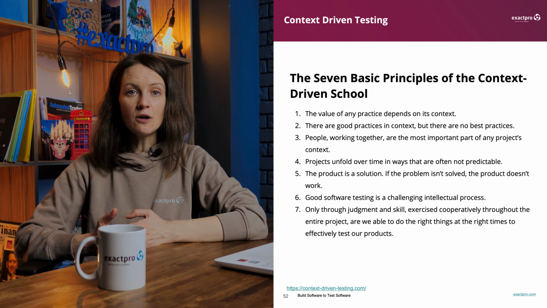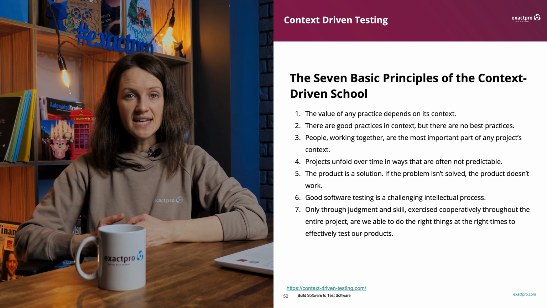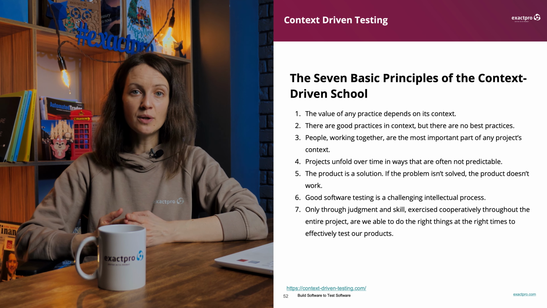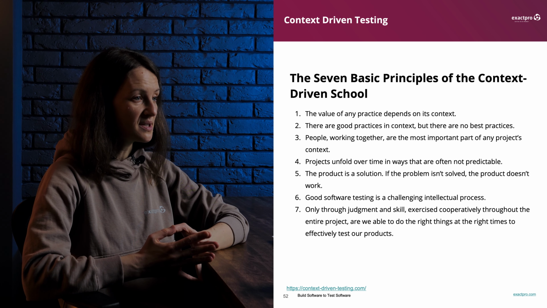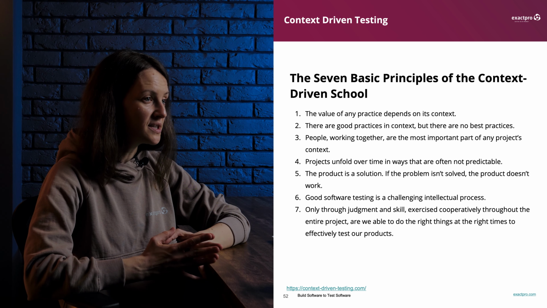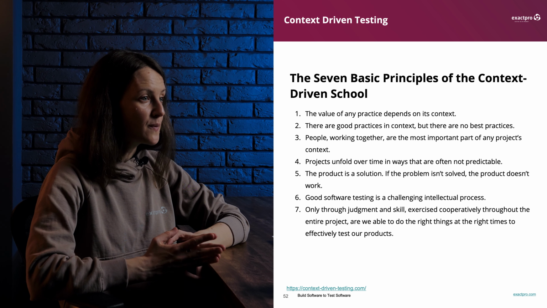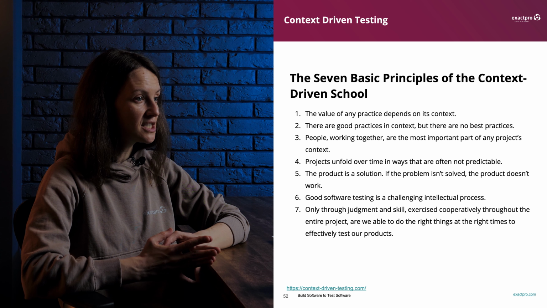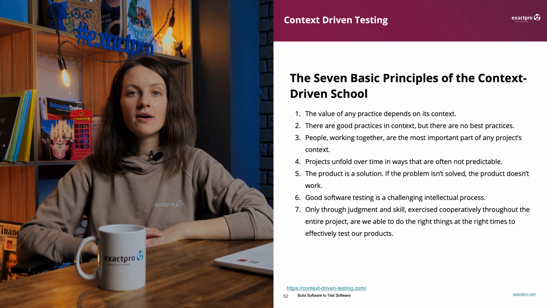If the problem isn't solved, the product doesn't work. Number 6, good software testing is a challenging intellectual process. Number 7, only through judgment and skill, exercised cooperatively throughout the entire project, are we able to do the right things at the right times to effectively test our products. The authors of these principles include James Bach, Brett Pettichord, and Cem Kaner.